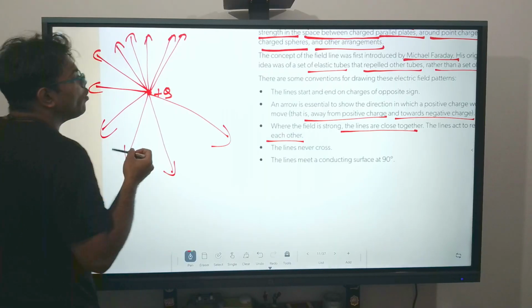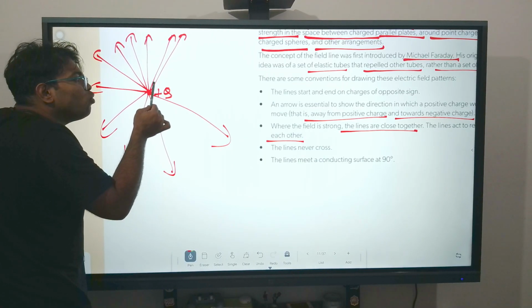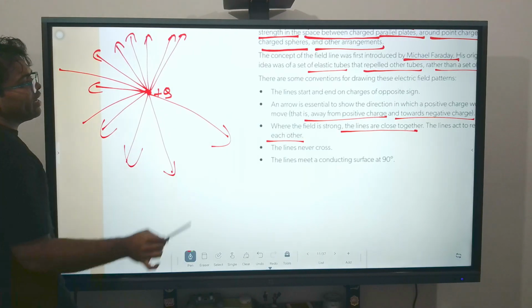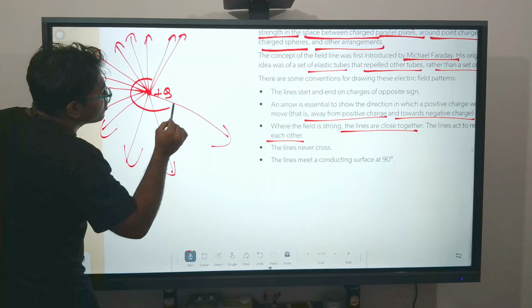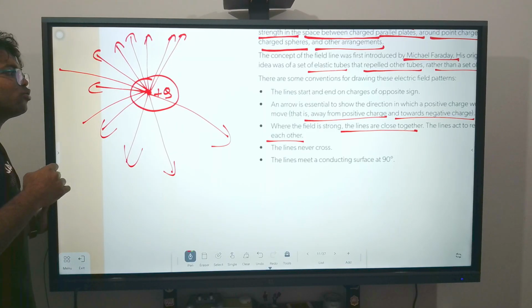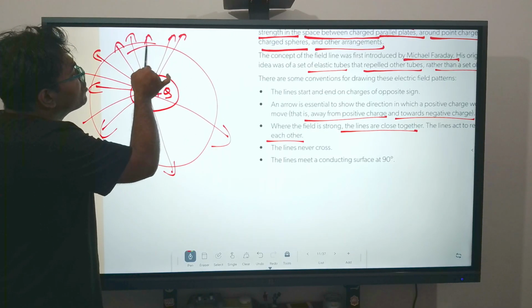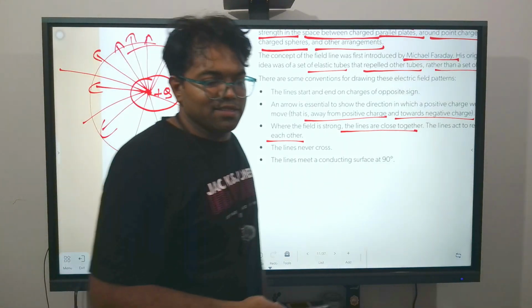Now, what do you observe? When you are closer to the charge, the field lines are very close to each other. But as you move away from the charge, there is so much gap between the field lines.